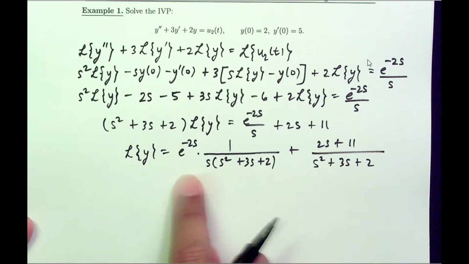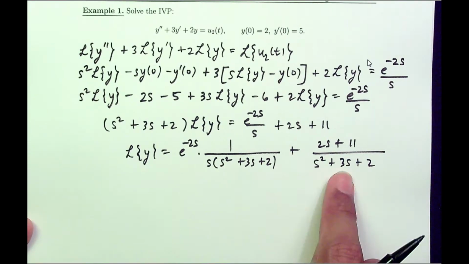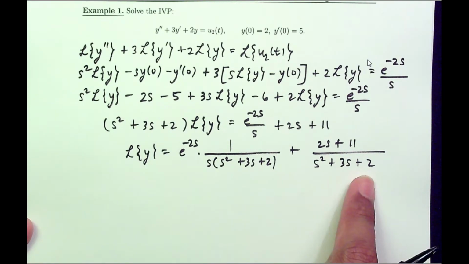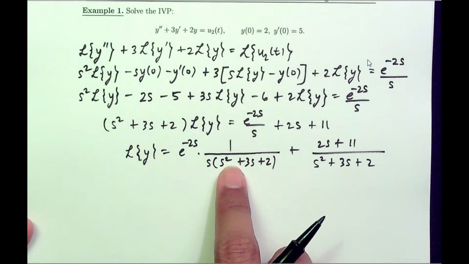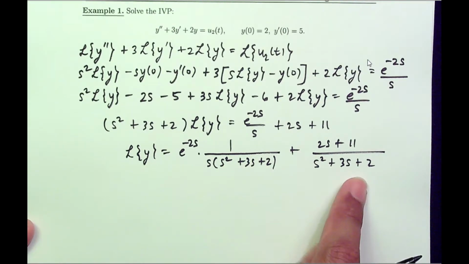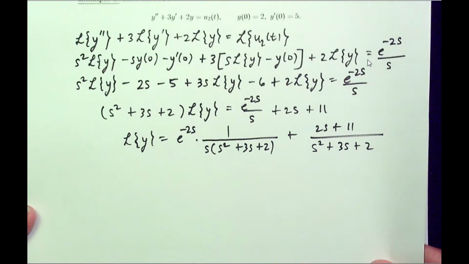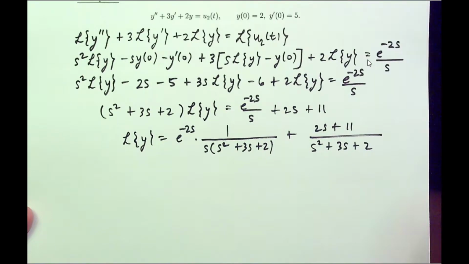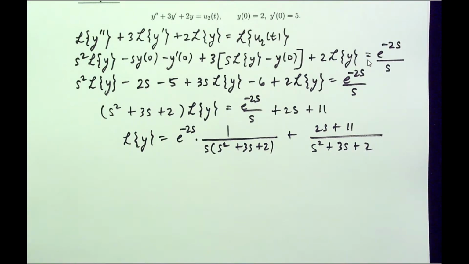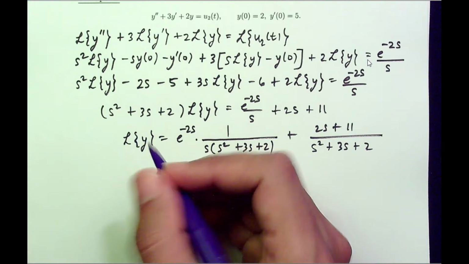We need to use partial fractions in this, and we need to use partial fractions in that because these things are too complicated and they're not on the table in that one as well. So we need to break this down into easier parts. Okay, so I'm going to do this in purple. So we have to break this part down.